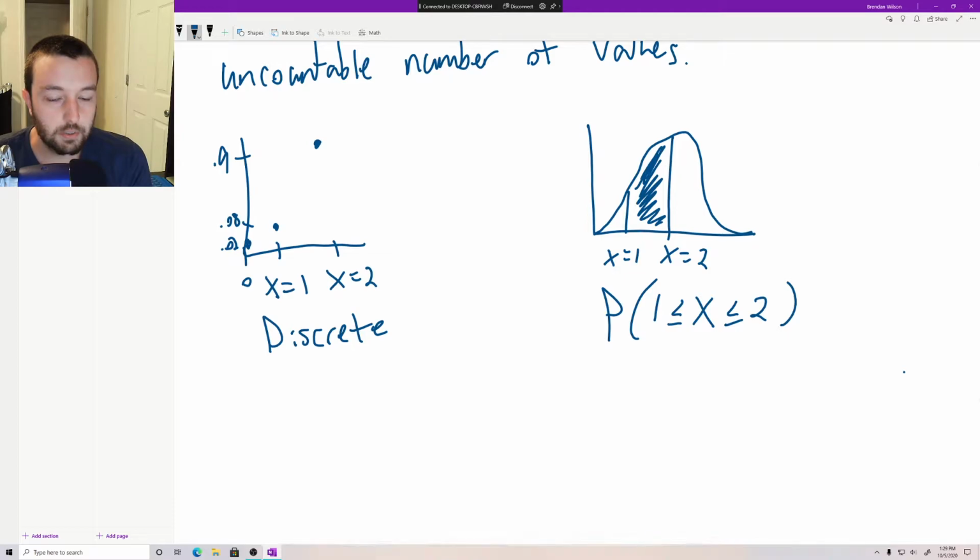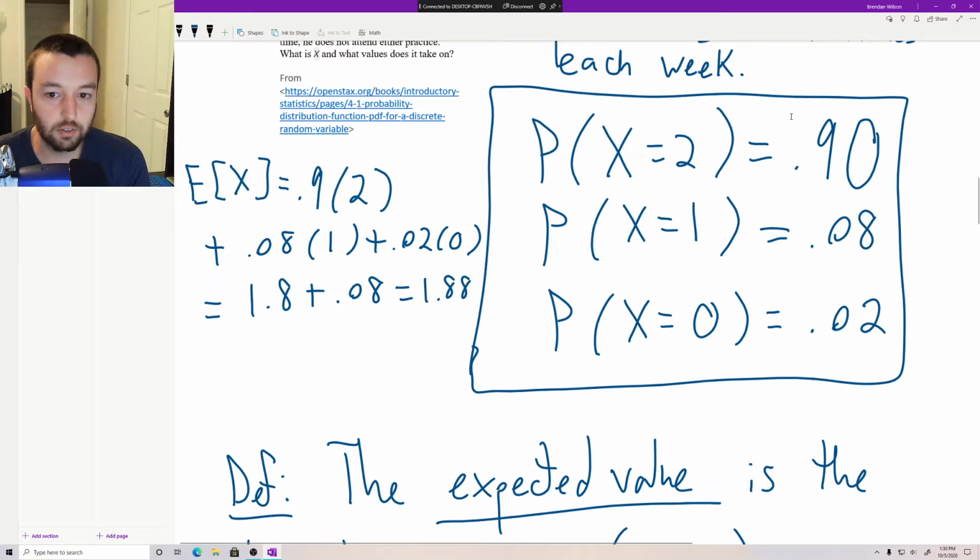Let's see, is there anything else we should say? I think that's pretty much all I want to say about what a continuous distribution is. With a discrete distribution, all of your values, like these ones over here, when you add them up, they should add up to 1, because they show you all of the possible outcomes.